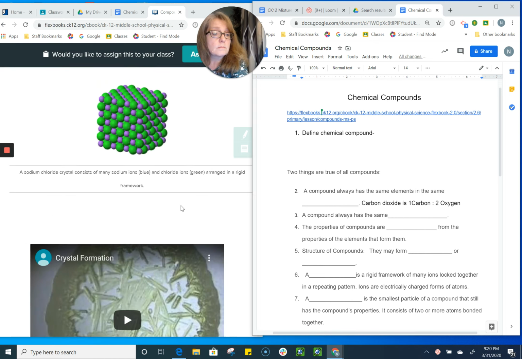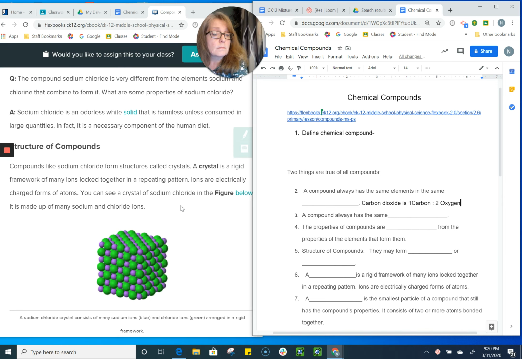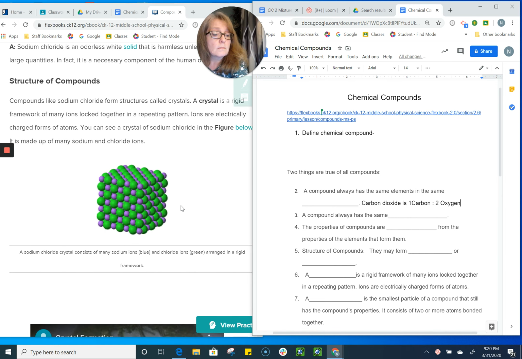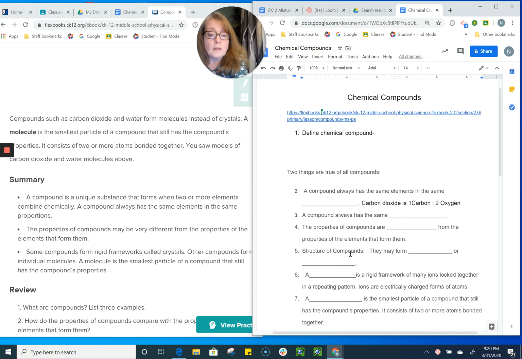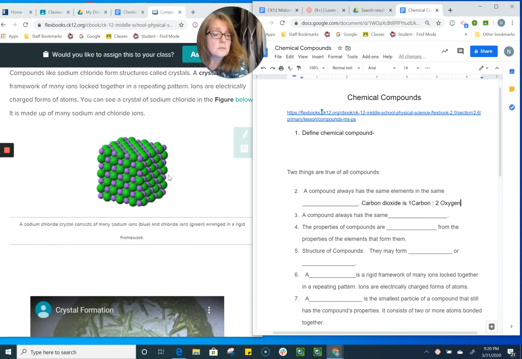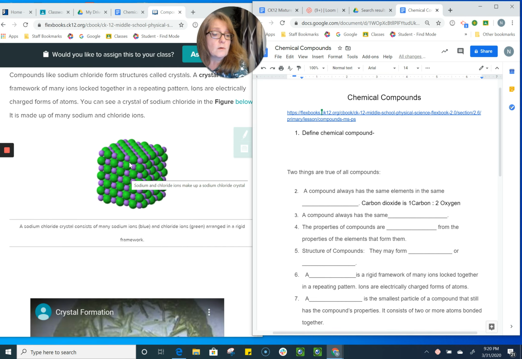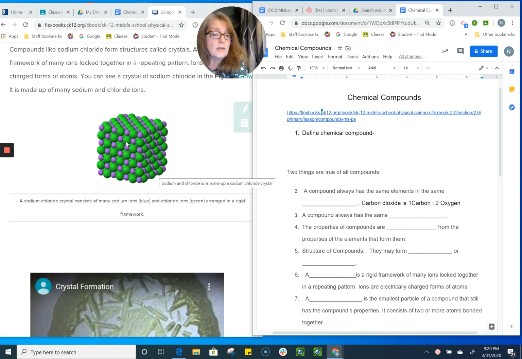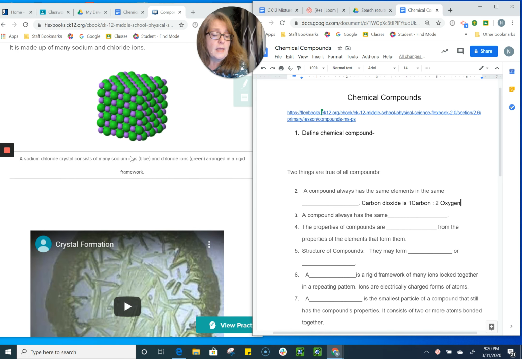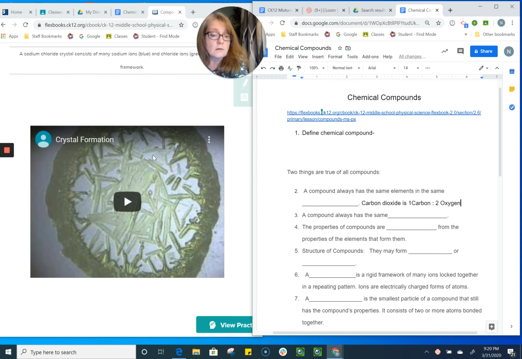And then a crystal is a rigid framework of many ions locked together in a repeating pattern. The ions are electrically charged forms of the atoms. So this right here represents the repeating pattern. The green are kind of all lined up one way. The purple atoms are lined up another way. That's a crystal. It's the atoms aligned in a certain pattern.